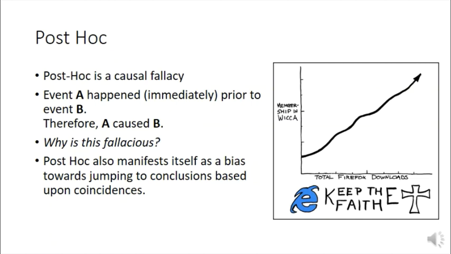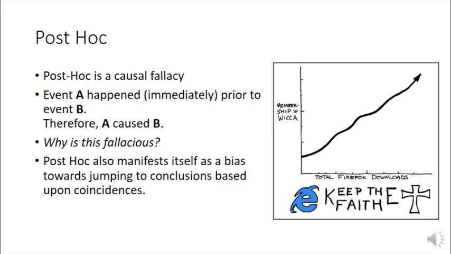So why is this a flaw in our reasoning? Why is it fallacious to say that because event A happens immediately before, A caused B? Well, let's consider this line graph on the right. It shows that as downloads of the internet browser Firefox went up, so did membership in Wicca. Therefore, downloads of Firefox increase membership in Wicca.